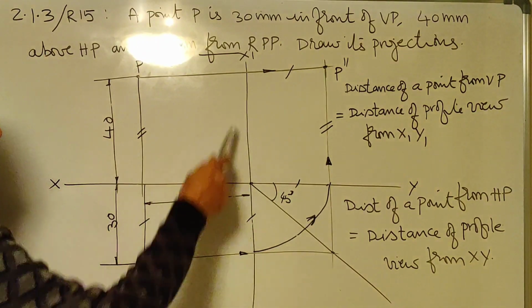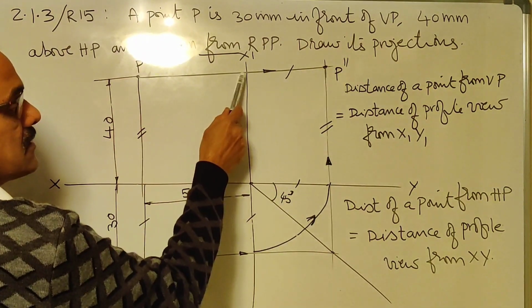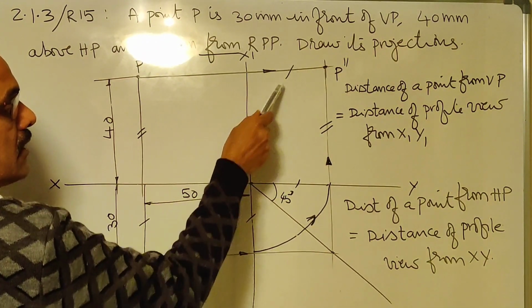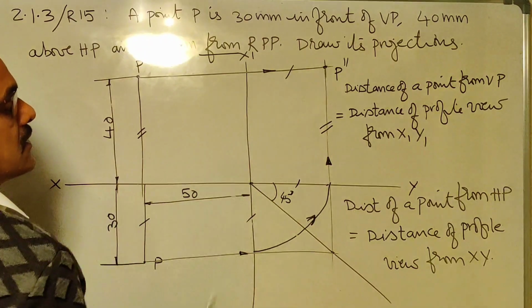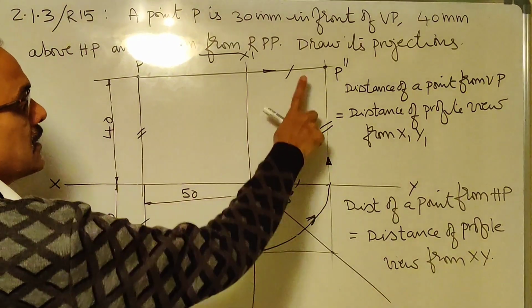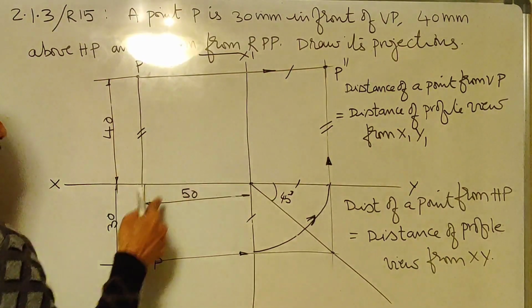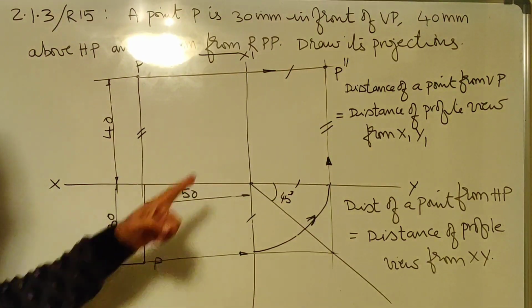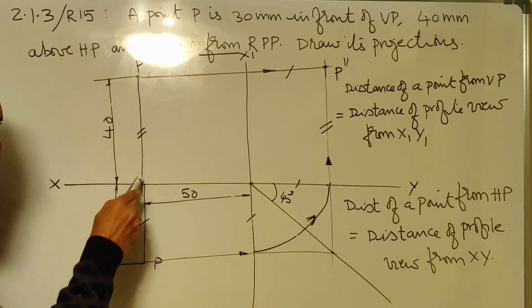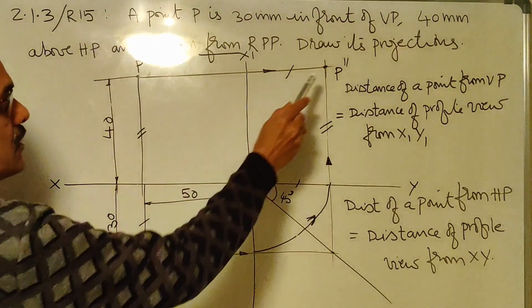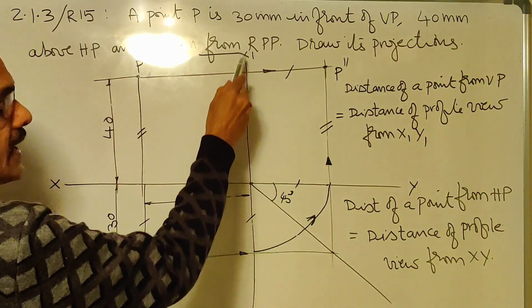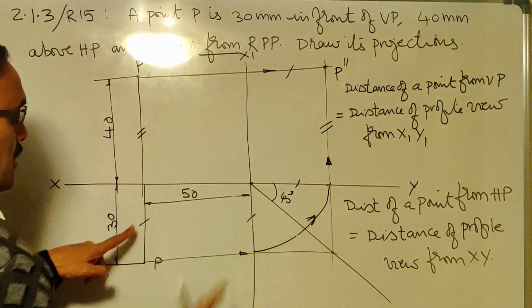This is your x1 y1 line. This is the distance. I have put a single dash here. So as per the statement, this distance should be equal to this distance. That is what the statement says. Distance of the point from VP is equal to distance of the profile view from x1 y1.